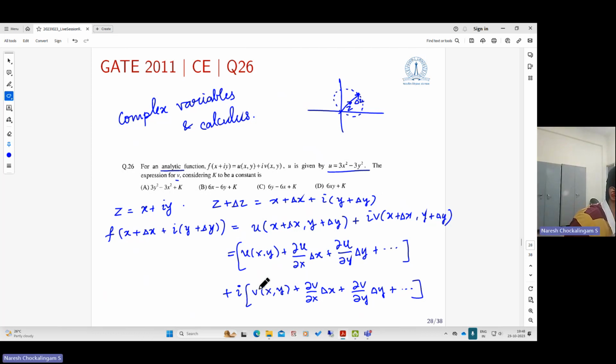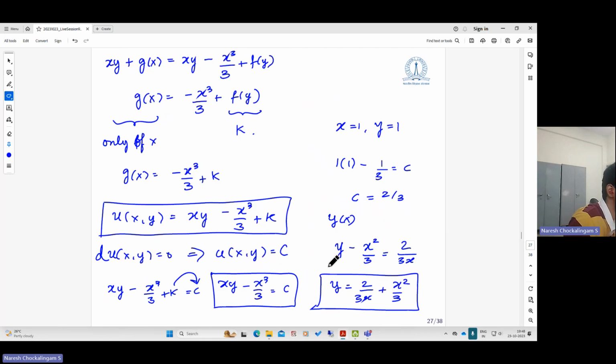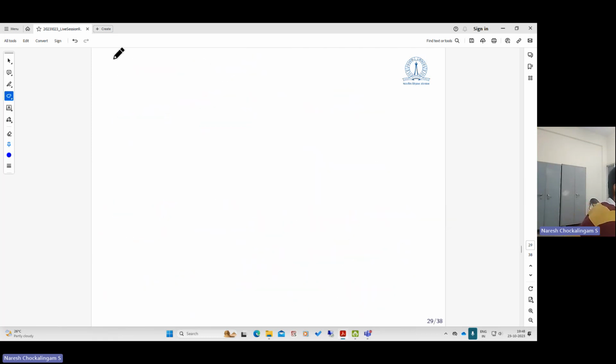And this u plus iv can be taken commonly out, so that you get f of x plus delta x plus i times y plus delta y minus u of x comma y plus i v of x comma y is equal to, what do we have on the right hand side?